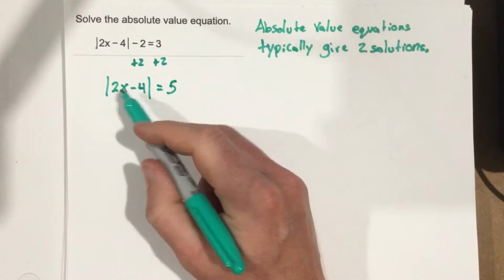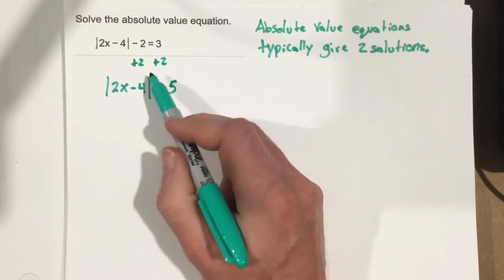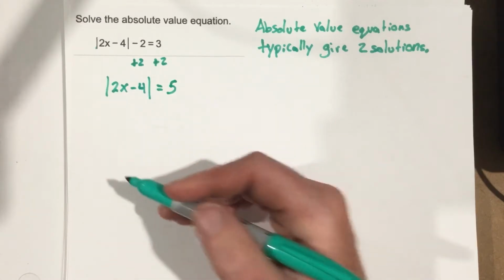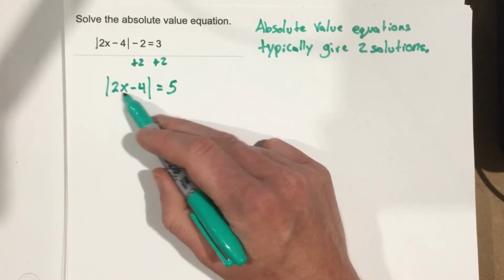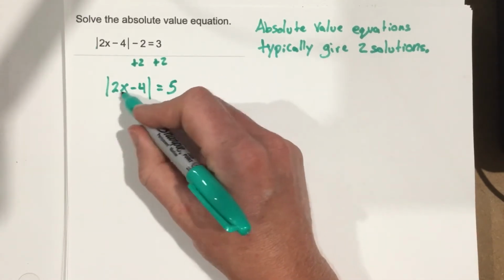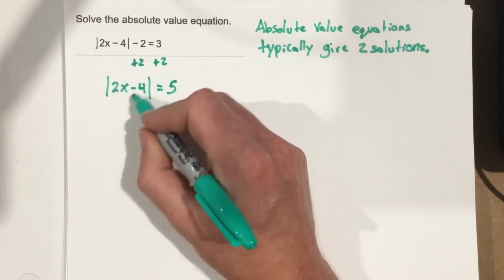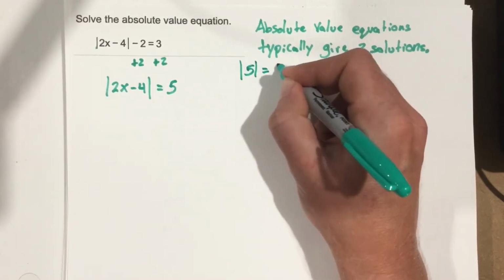At this point, we can use our understanding of the absolute value to essentially write two possible equations. Now we know if the absolute value of what's in here equals 5, then either this 2x minus 4 is going to have to produce a 5, right? Because the absolute value of 5 is 5.